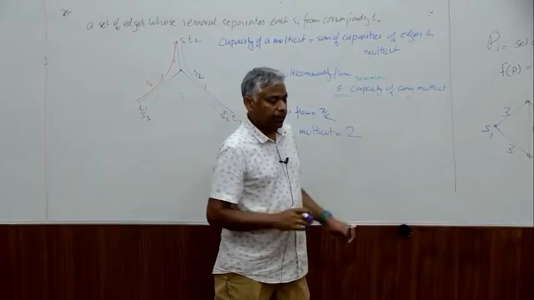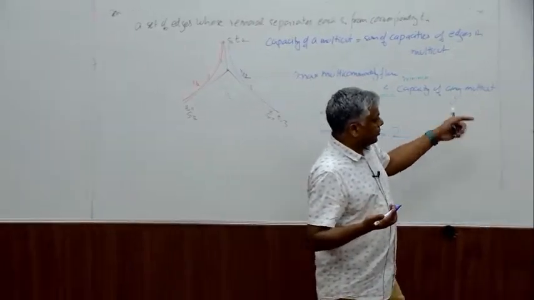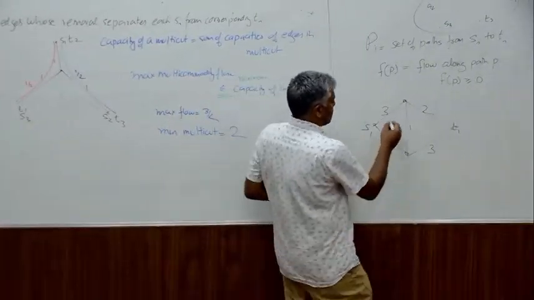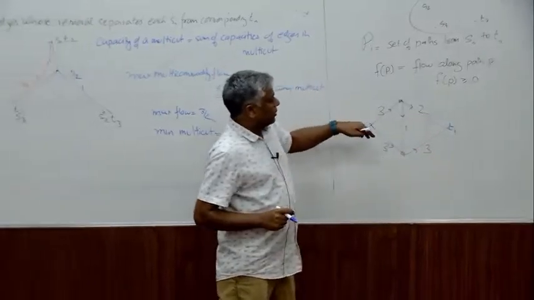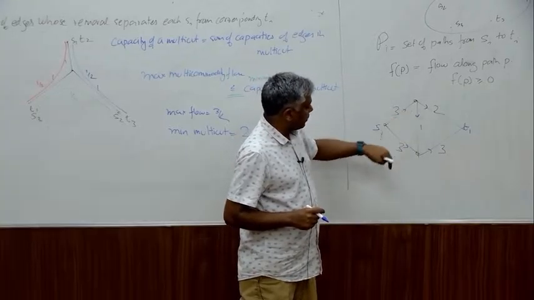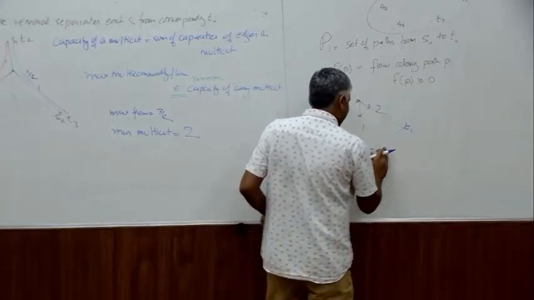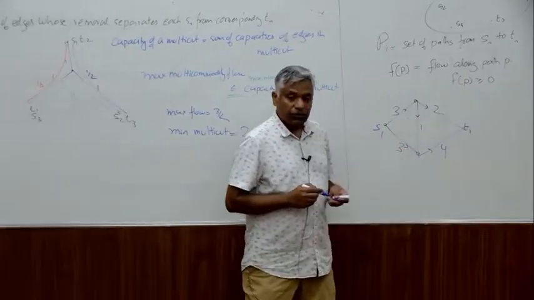This meets the capacity. Now, one way of thinking of flow: let's give the direction to the flow on the edges, and you can see that conservation is happening. 2 plus 1 equals 3. Oh, sorry, my bad, this should be 4. And 3 plus 1 equals 4.